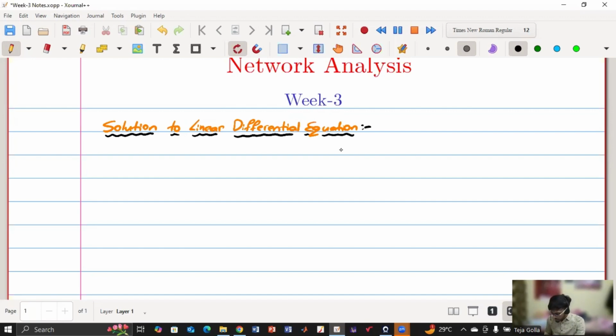So the first thing is why we need to solve the linear differential equation: because any RLC network is linear. From any RLC network, we'll get a linear differential equation.